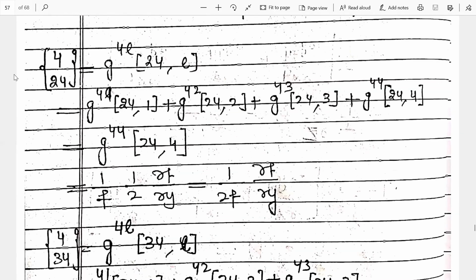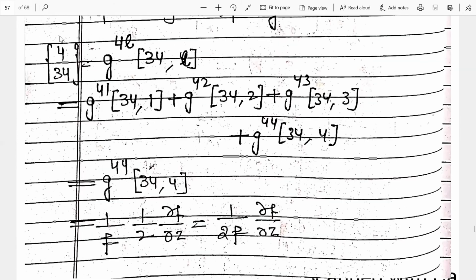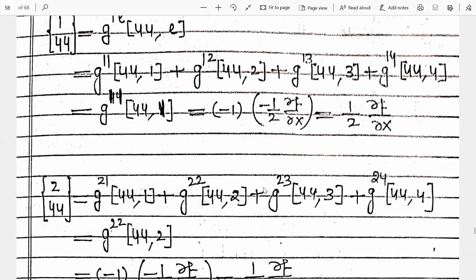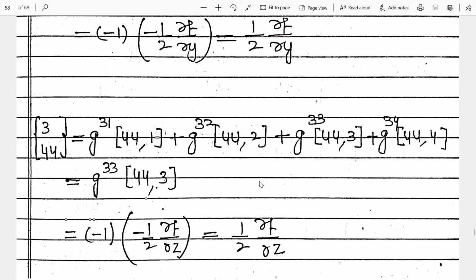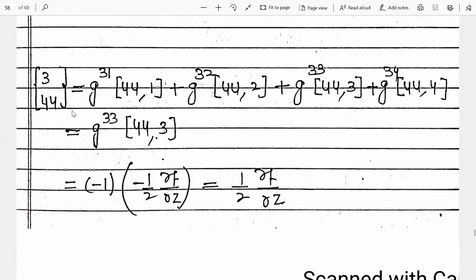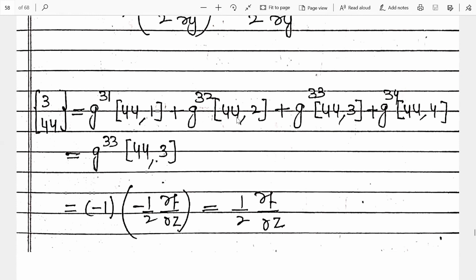On a similar line of action, we can find {42, 4}. On a similar line of action, we can find {43, 4}, right? On a similar line of action, we can find {14, 4}, {24, 4}, right? On a similar line of action, we can find {34, 4}. On a similar line of action, we can find all the Christoffel symbols of the second kind. Clear? So that is the method.